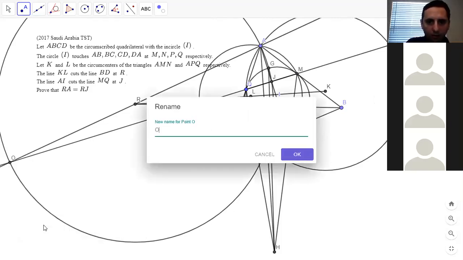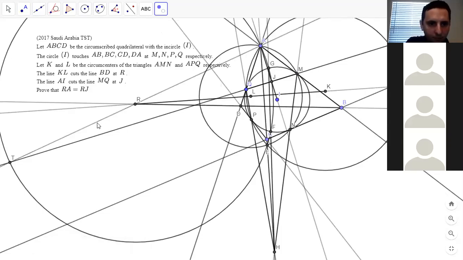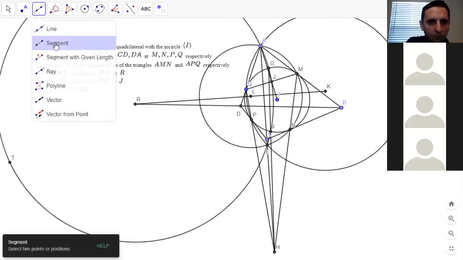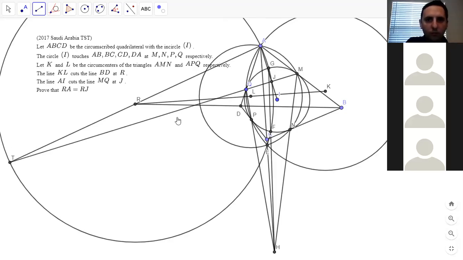So I'll call it T maybe. Yeah, because this is a right angle, so RA equals RJ equals RT. Yeah, that makes sense.